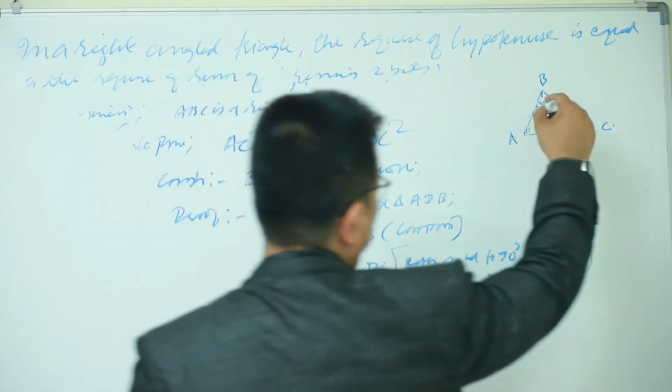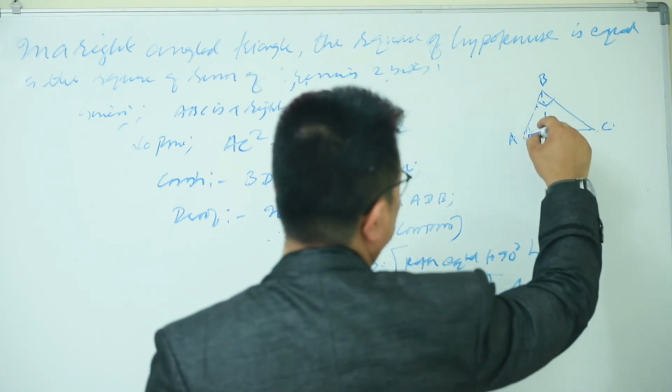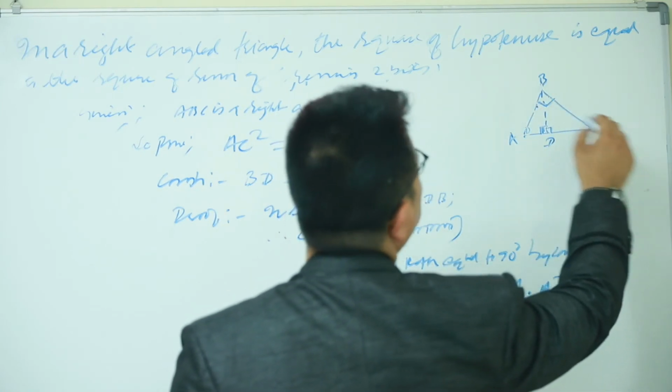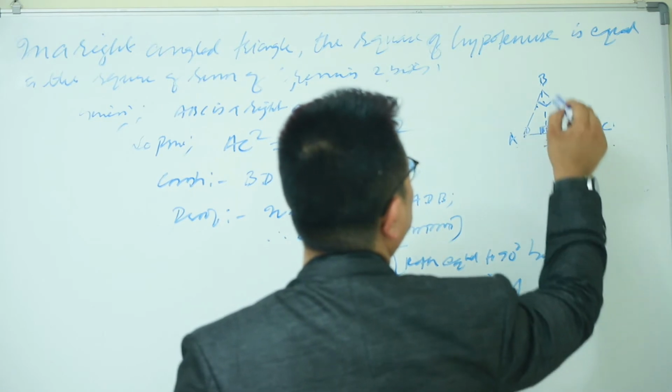You have to see the triangles. The biggest triangle is triangle ABC, and the smallest triangle is triangle ADB.